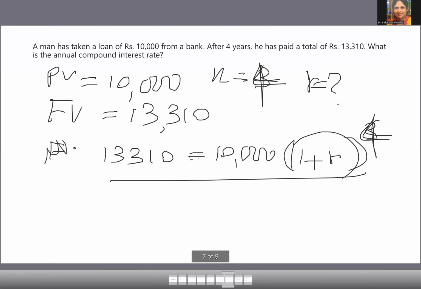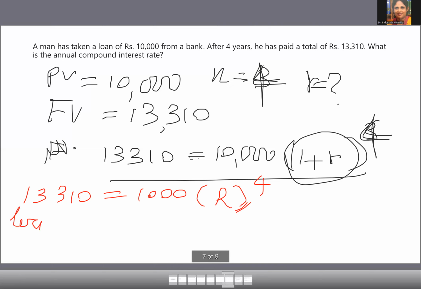In here, you can do the same thing. Let me show you again. Okay, so 13,310 equal to 10,000 times (1 plus R) to the power 4. Then you can take the log on both sides.